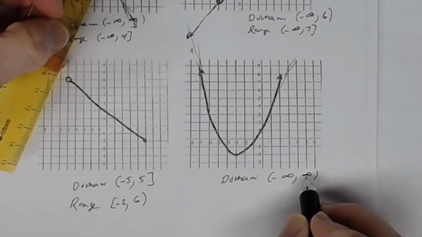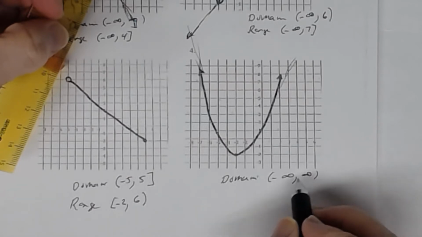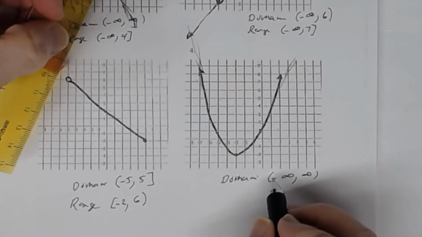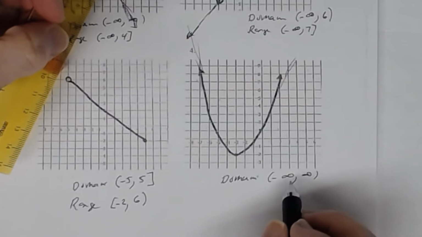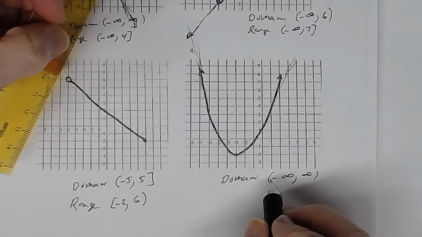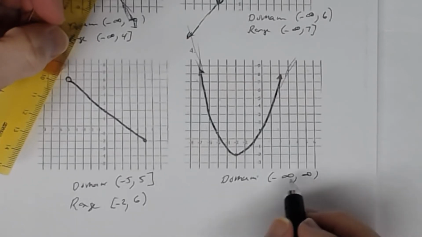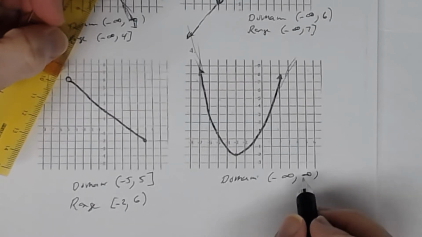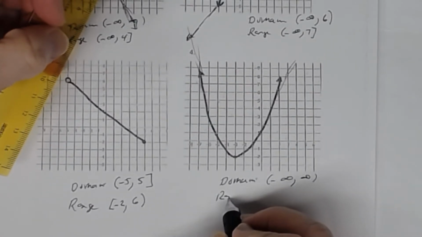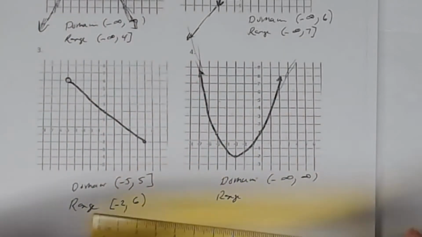And whenever you use infinity or negative infinity, it's always parentheses. And always go from smallest to largest. Don't say infinity, negative infinity, that's incorrect. When you write something in an interval, you must go from smallest to largest. Negative infinity to infinity.